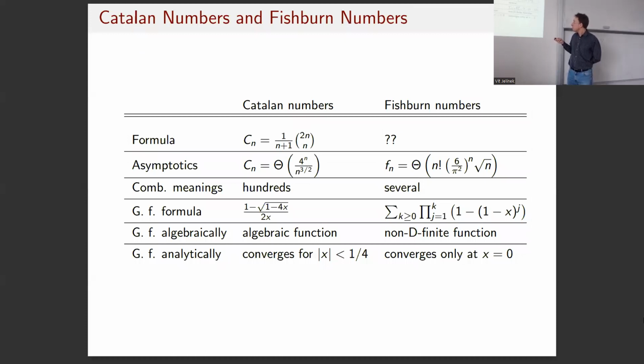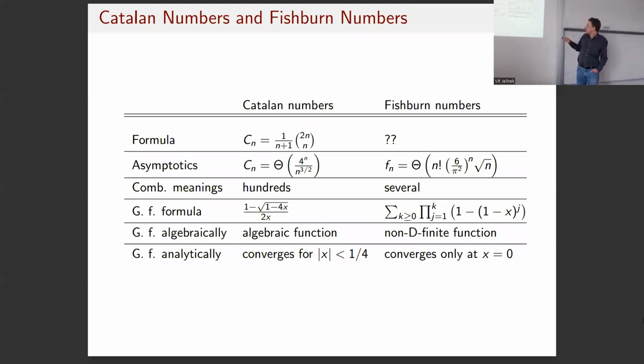If you express it as a summation of a power series where the coefficients are Catalan numbers, which is how generating functions are defined, you will notice that your series converges for some radius 1/4. On the other hand, if you express a power series whose coefficient of degree n is the Fishburn number, you will notice that it doesn't really converge anywhere except a single point.